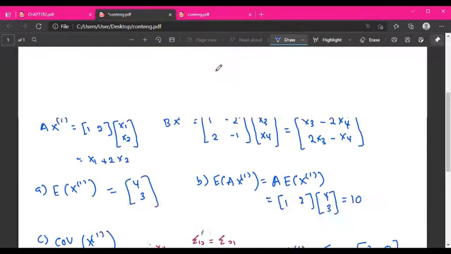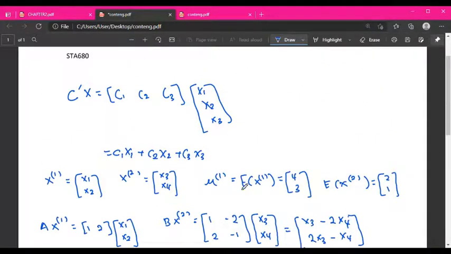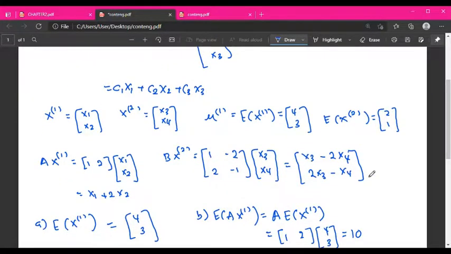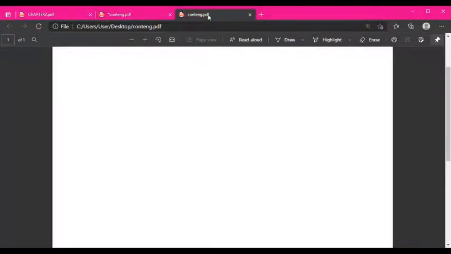Okay, so kita buat pula untuk next question F untuk BX2. BX2 adalah we have two set of the linear combination. This ada dua ni. So kita boleh cari min untuk this linear combination serentak. Okay.